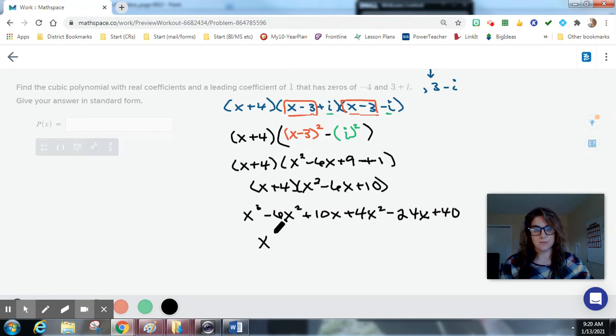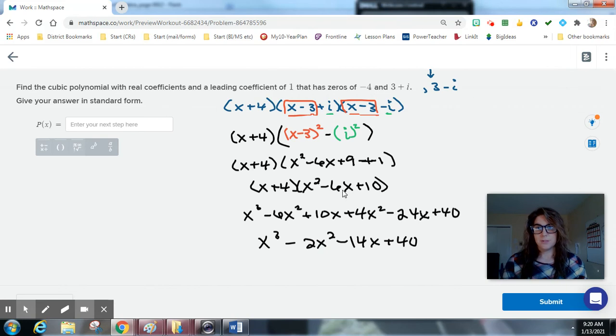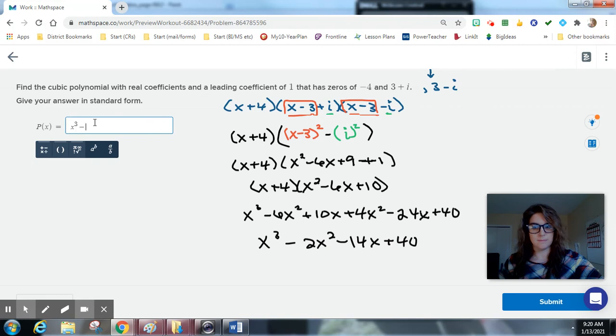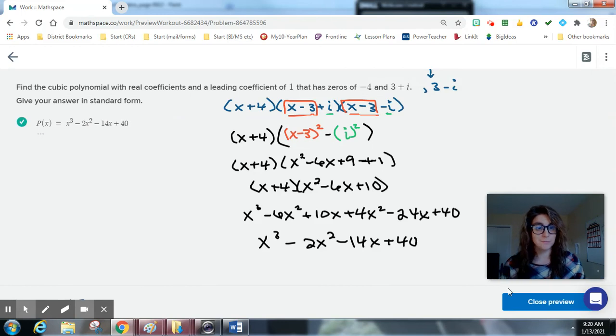And then combine your like terms. So x cubed minus 2x squared minus 14x plus 40. And that's going to be the function that we place in here. And hopefully we did it right. There we go. Good.